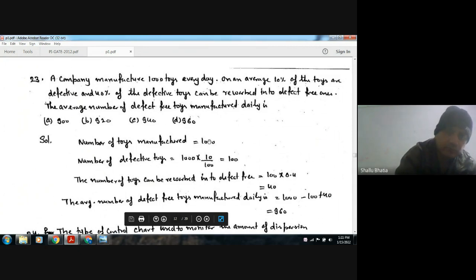So we get 40 correct toys. So the average number of toys we can get is: 1,000 are manufactured, 100 are defective and 40 are reworked. So first of all we lose 100 toys and then we get 40 toys back.